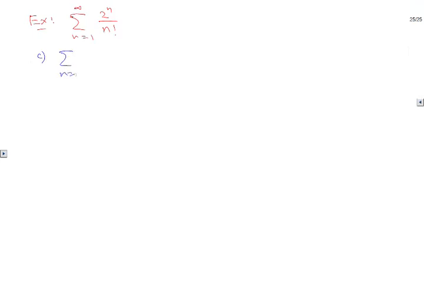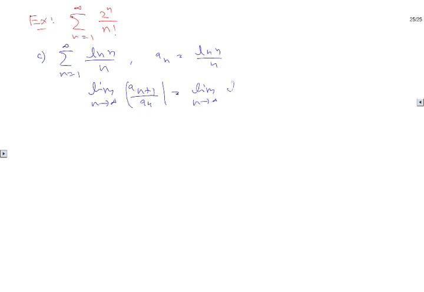Sigma n going from 1 to infinity of ln n over n, a_n equals ln n over n in this case. So let's do the same thing as before. The limit as n goes to infinity of the absolute value of a_(n+1) over a_n. In this case all the terms are positive, so you don't need absolute value, so we can write ln(n+1) divided by n plus 1, upside down, ln n.